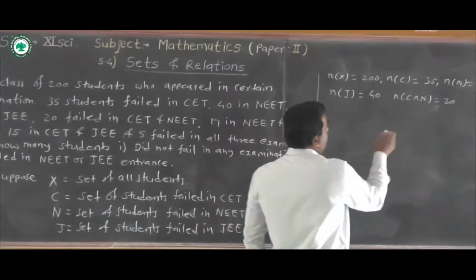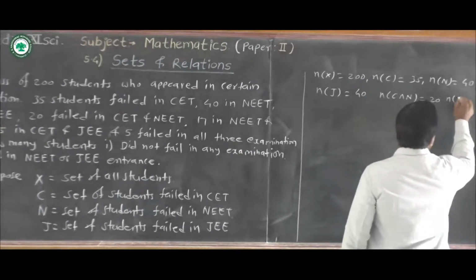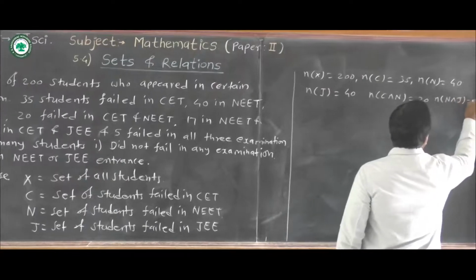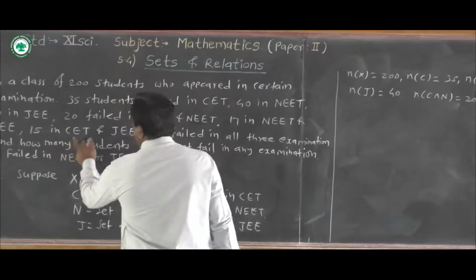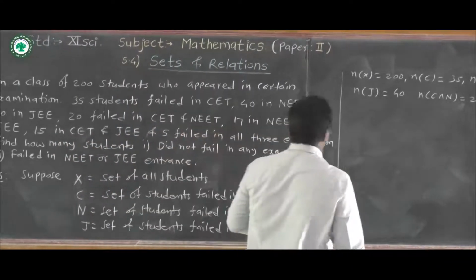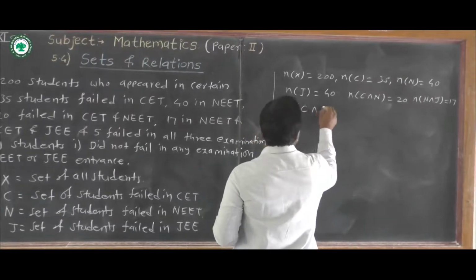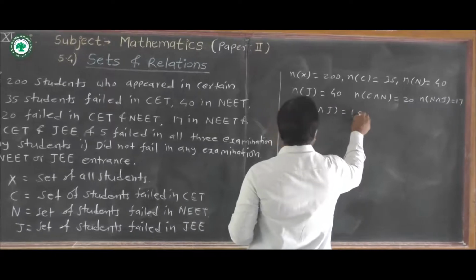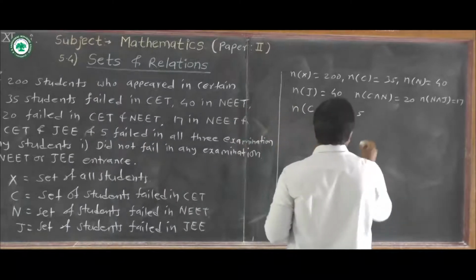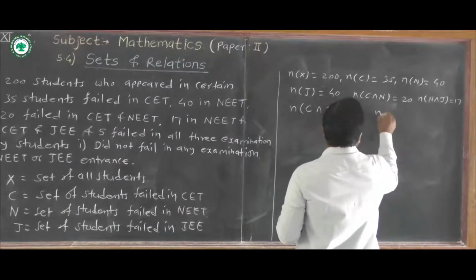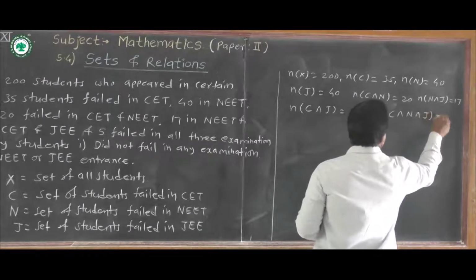Therefore number of N intersection J is equal to 17, and further we are given 15 students failed in CET and JEE examination. Therefore number of C intersection J is equal to 15, and 5 students failed in all three examinations. Therefore number of C intersection N intersection J is equal to 5.